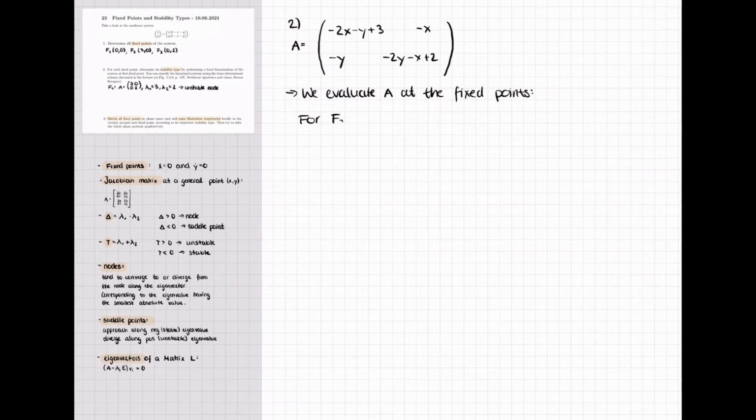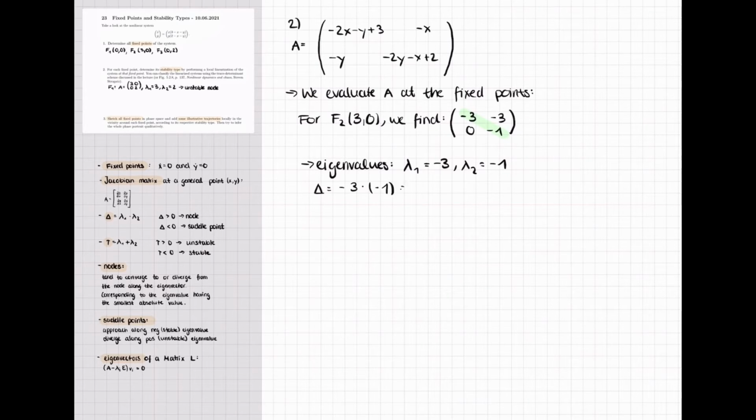For F2, we will do this exact same thing again. We find the matrix (-3, -3; 0, -1). And this matrix is also triangular, so we can read off the eigenvalues again. After that, we have a look at the determinant, which is positive, so F2 is also a node.